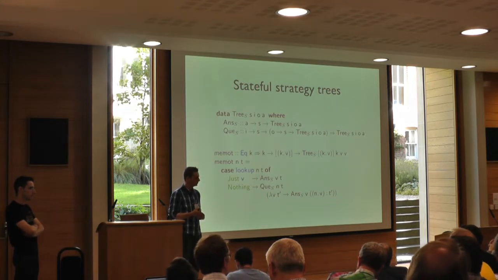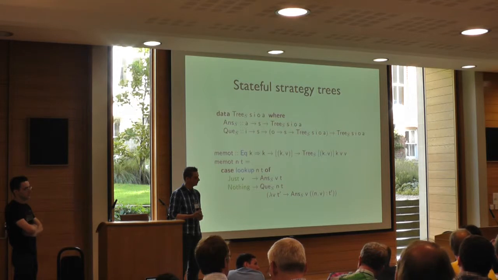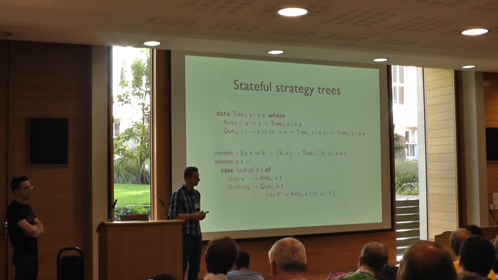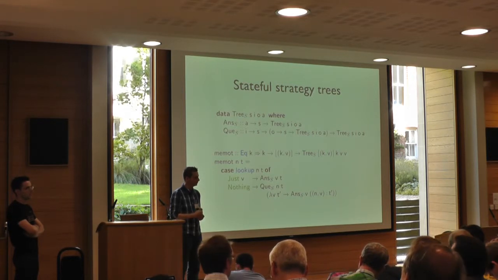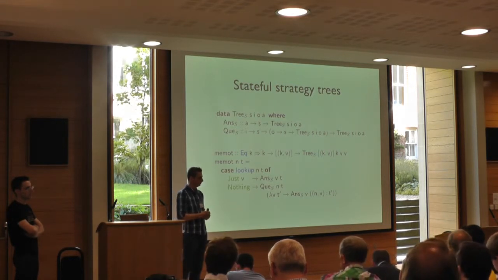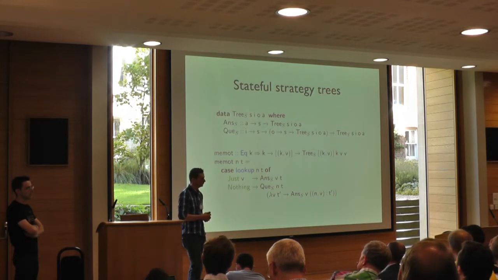So what you're basically doing here is you're making recursive calls explicit. Right? That's what the query constructor does. And then you run into the problem that if you have other effects, you have to combine them using monad transformers, and then this gets complicated to combine with tree structure. So the question I have, wouldn't it make sense to make the other effects that you're using also explicit in the tree data type?